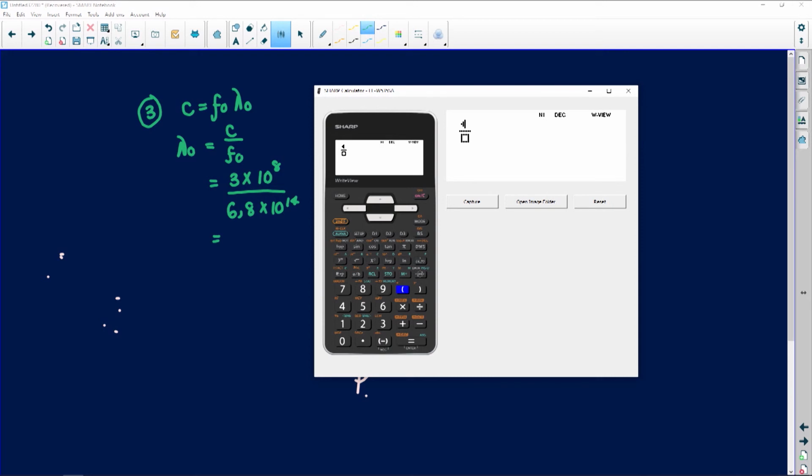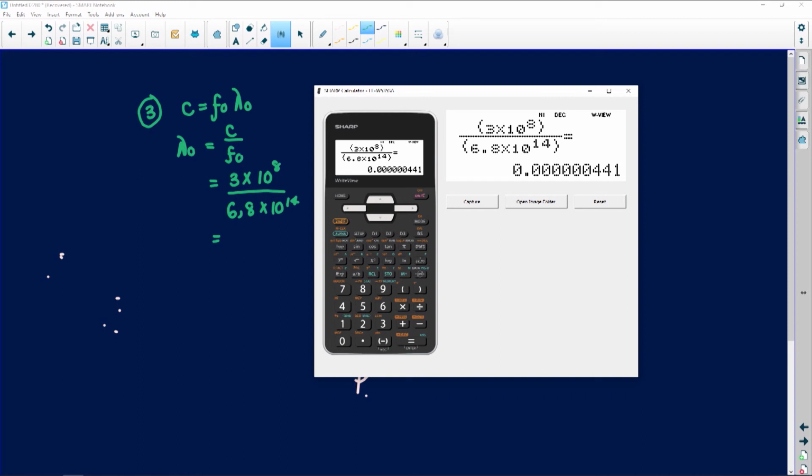So let's see what I am going to get for the wavelength corresponding to the threshold frequency. At the top, I have 3 times 10 to the exponent 8. At the bottom, I'm going to have 6.8, this is the threshold frequency, times 10 to the exponent 14. Bring that down. So now I've got all these numbers.